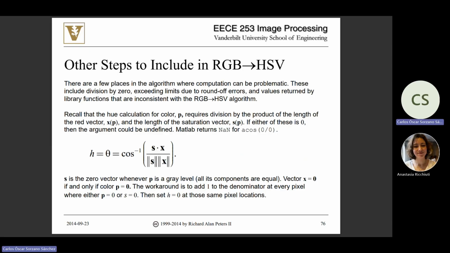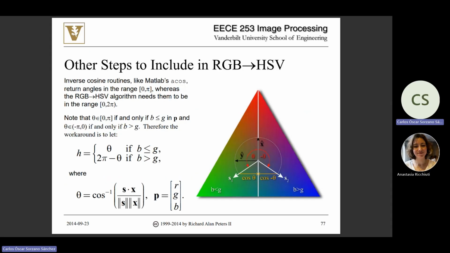And again, this is some other kind of very small details. What happens if X is 0 and then the norm of X is 0? In general, we don't care about all those details. And the same for the arc cosine, which is a kind of ambiguous instruction because you can go in both ways.